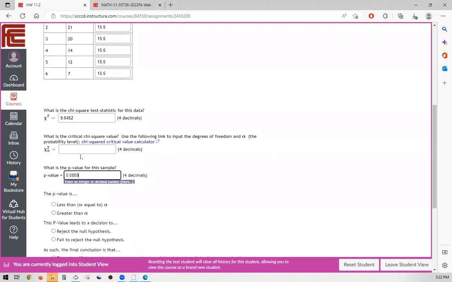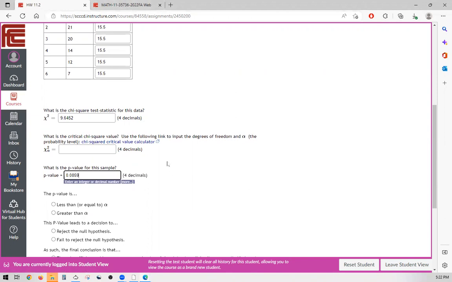All right. Now, what about the critical values? There's a link here to the chi-square critical value calculator. You can use that if you like, but also get comfortable with using the table, because if it's an in-person paper test, you're going to need to know how to use the table.